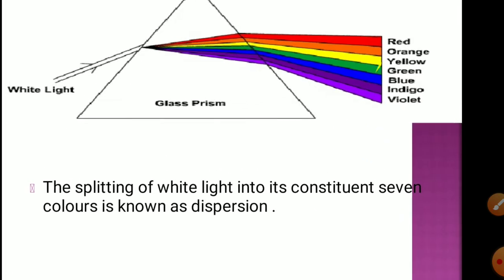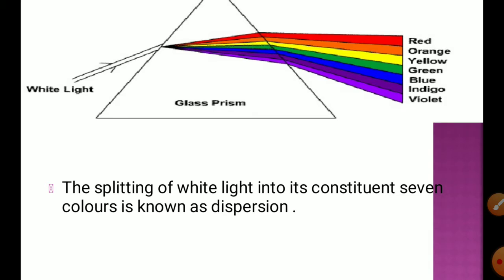Now, what is dispersion? The splitting of white light into its seven constituent colors while passing through a medium is known as dispersion of white light.